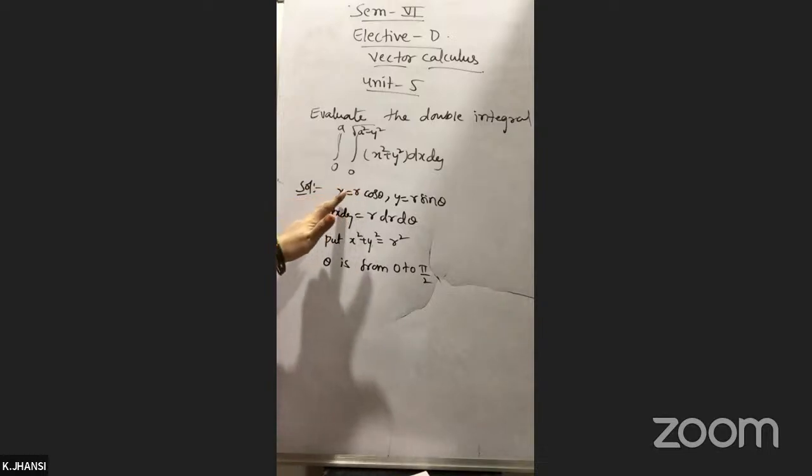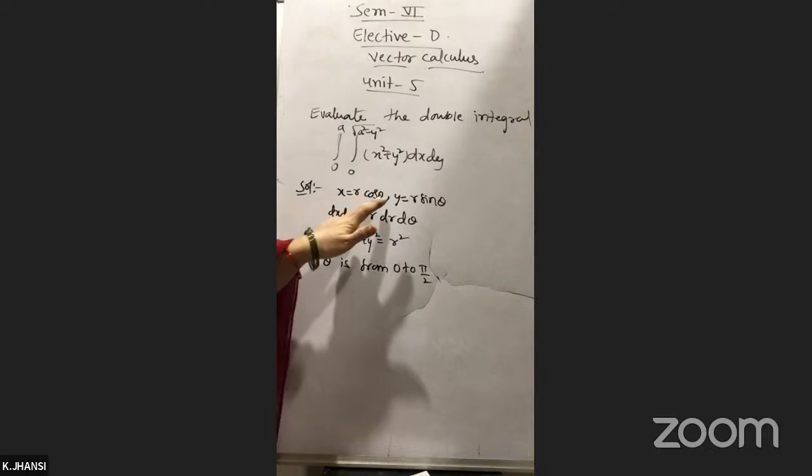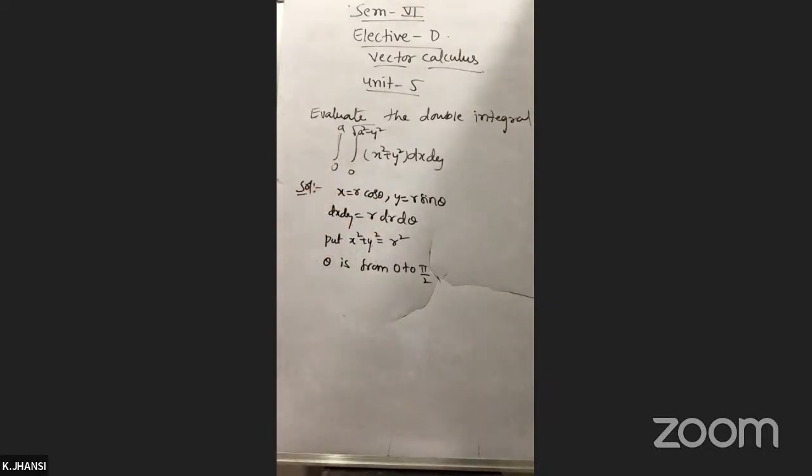Okay. So whenever we substitute x equals 0, what will happen? X equals 0 means r cos theta equals 0. So whatever the theta value is, if it is 90 degrees, then you will get this value as 0. And when the theta value is 0, you will get whatever the y value is there. So theta will be changing from 0 to pi by 2.